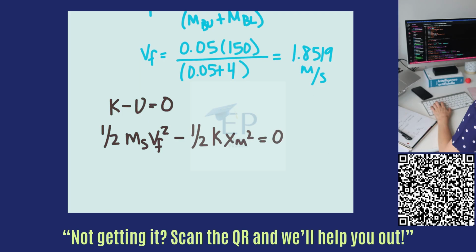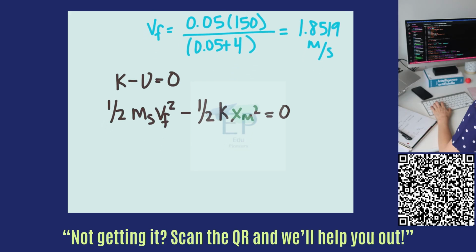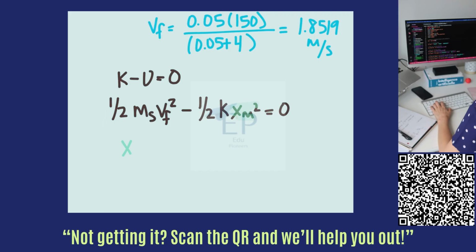And we're going to, in this case, solve for our amplitude. So rearranging our equation, we're going to have our amplitude equals the square root of the mass of our system times our final velocity squared divided by our spring constant.